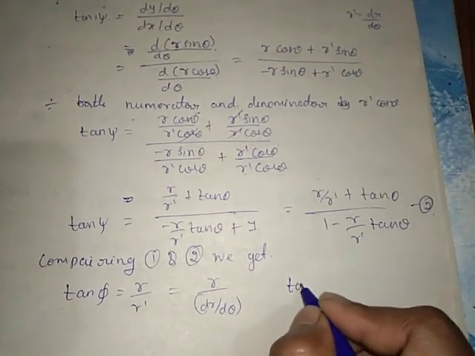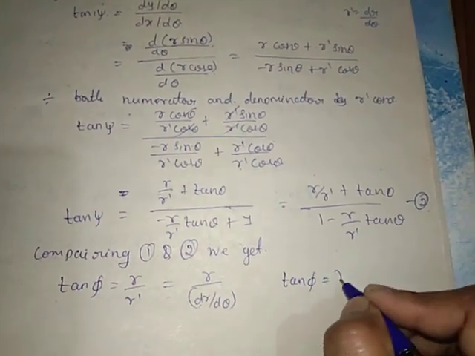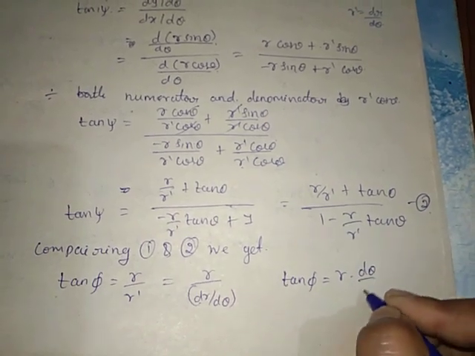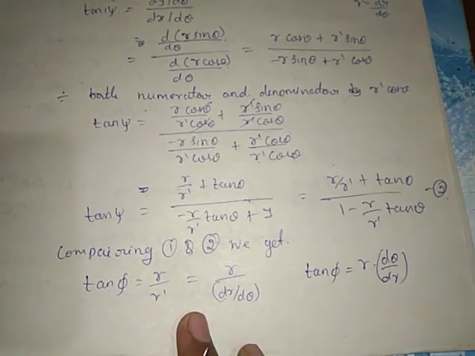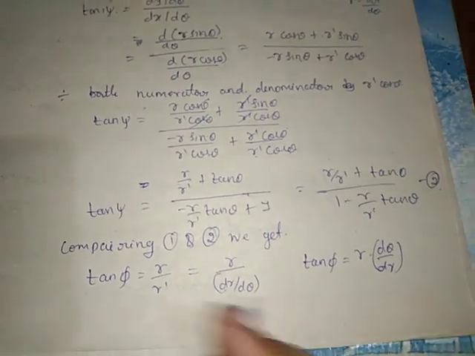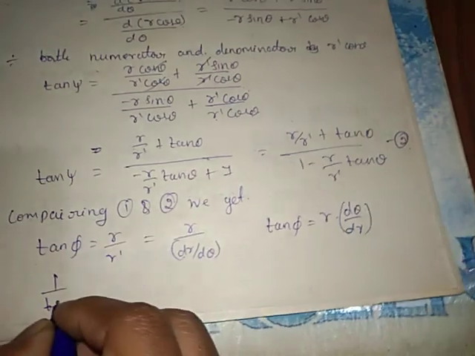So tan phi equal to r into d theta divided by dr. Equivalently, we can also write 1 by tan phi.